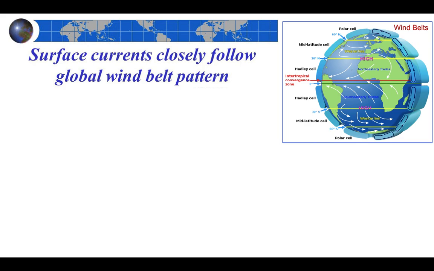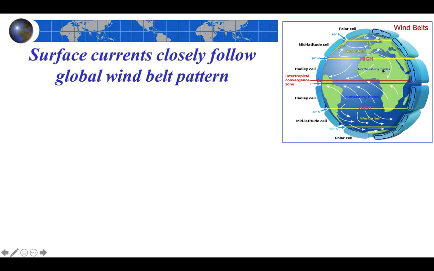So we just said that surface currents closely follow global wind patterns, and if you remember this diagram, we looked at a different one last time, showing the wind patterns and wind belts. Between the equatorial zone and the 30-degree north and south latitudes, we have the trade winds.